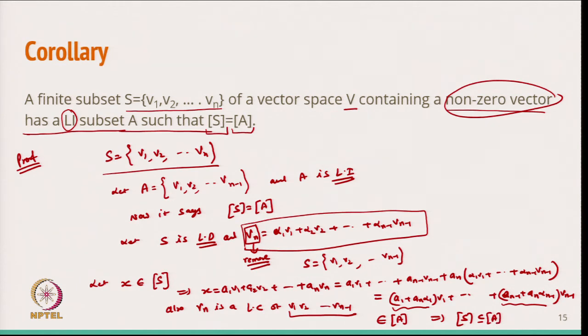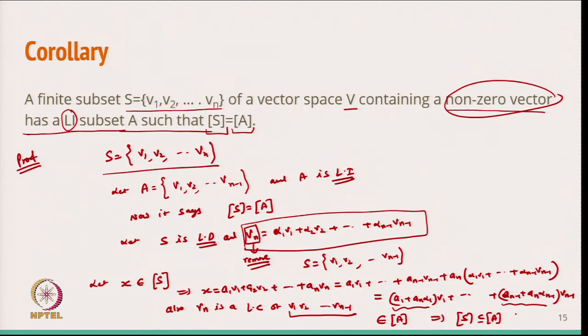Okay. Similarly, I can take the converse, and using these two, then I can take an element. We already know that I have taken the set A, that is a subset of S. So, definitely the span of A belongs to the span of S. So, that is already true.